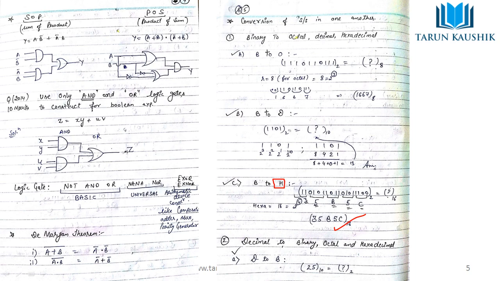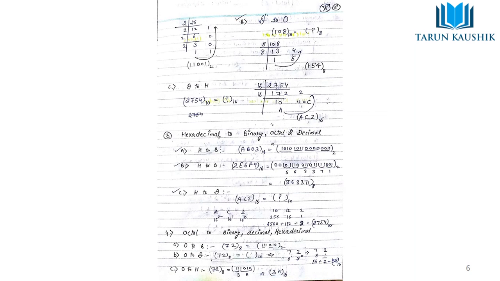Okay, so decimal to binary: how much is 25 in decimal equivalent in binary? In this form you are required to do the division by the base of the system to which you are going.